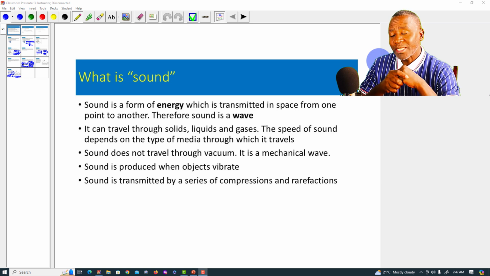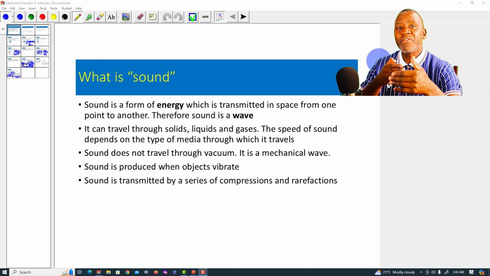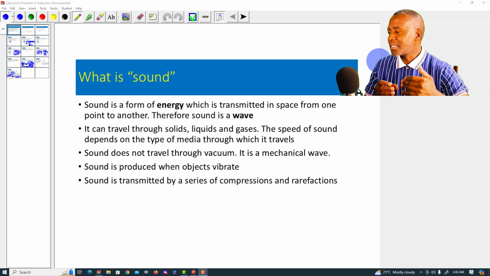That is, it requires a material medium for it to be propagated, because sound is produced when objects vibrate, and these vibrations are transmitted from one particle of the medium into the next particle. So if there is no medium, there are no particles to carry this energy.